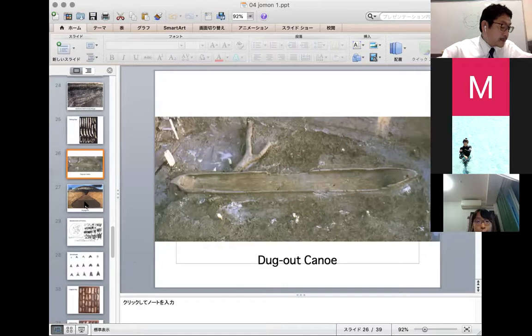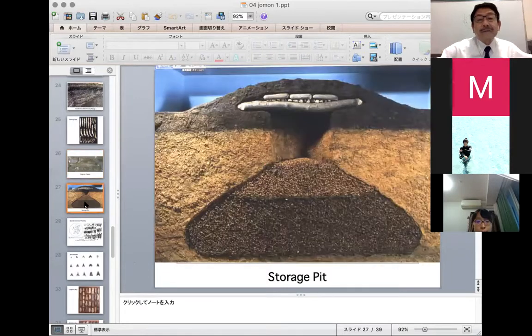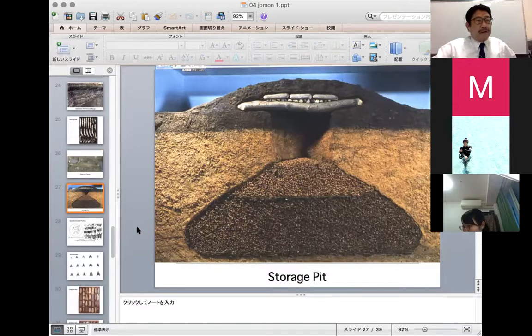The next one, let me see, ocean resources and preservation methods were highly developed in this period. They could not preserve food in Paleolithic time. Well, maybe dried meat, cooked and dried meat, or something like that. Not freezing, it was not cold enough, and they did not have a freezer either.